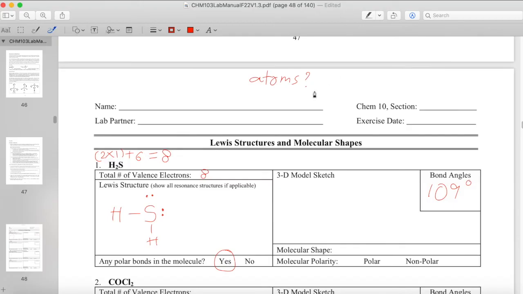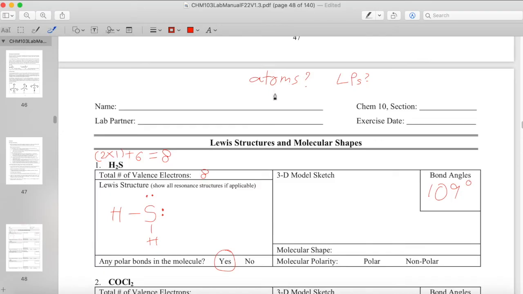And then ask yourself, does that central atom have lone pairs or not? If there's one atom coming off your central atom, the molecule has to be linear because there's only two atoms involved and there's a straight line connecting them.